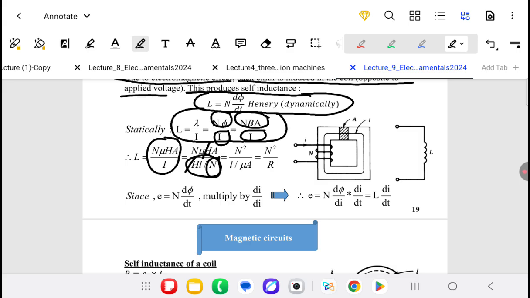Then N times N equals N squared divided by L over mu times the area, where L divided by mu times the area is the reluctance of the magnetic path.